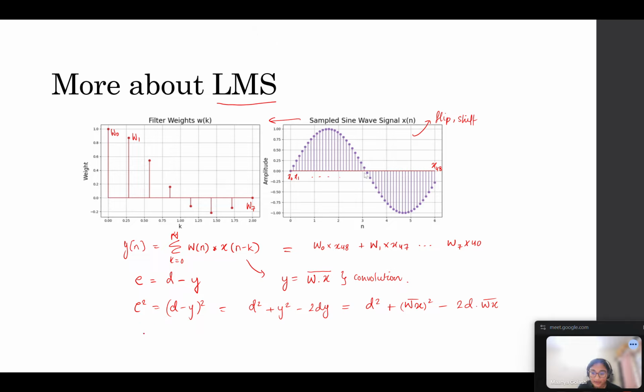So we have d of e square by dw, because the filter weights are what we have to change.